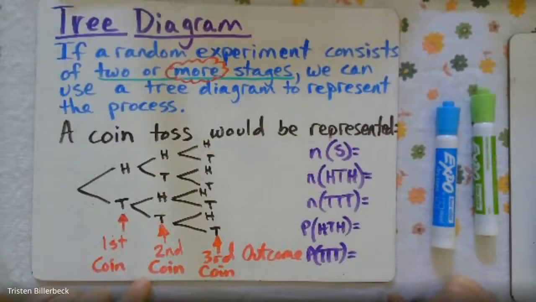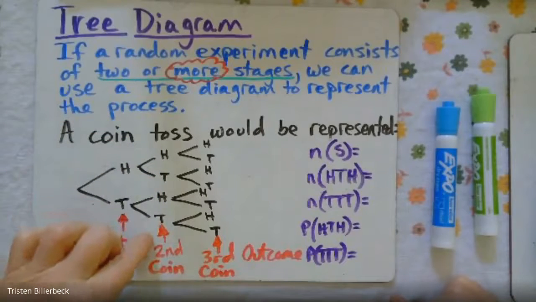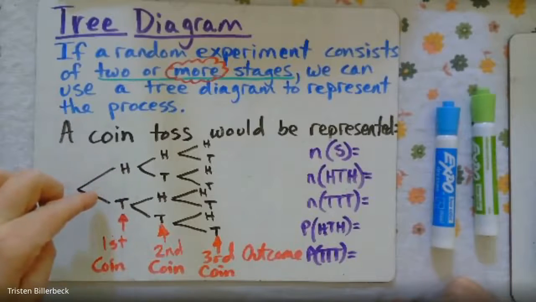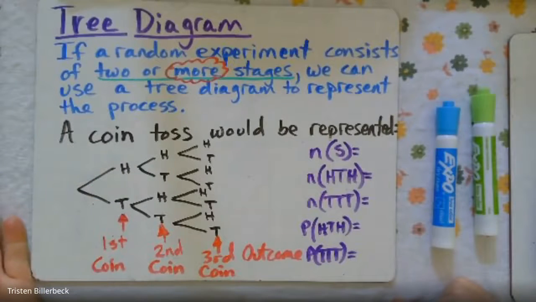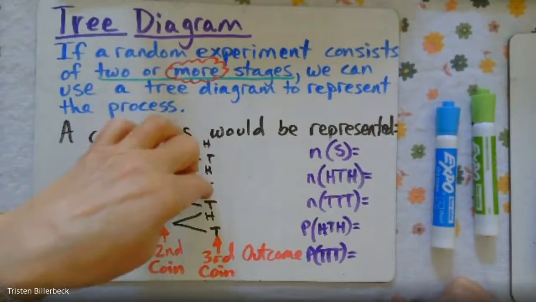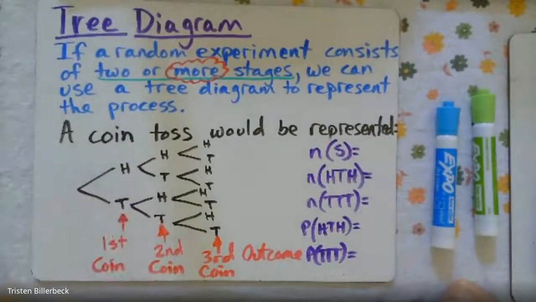The second coin toss would be a head or a tail, depending on whatever the first toss was. And then the third toss of the coin, again, is head or tail, but it comes off of each one of these other possibilities.